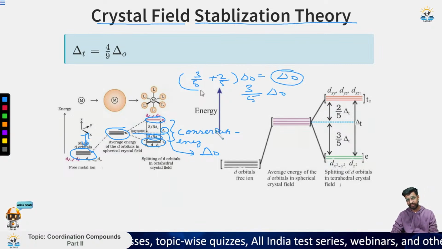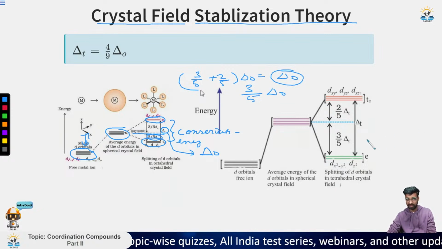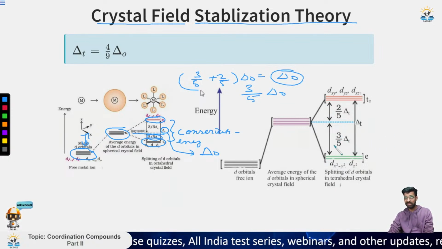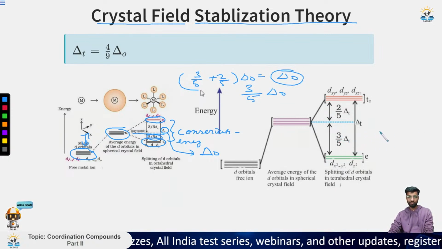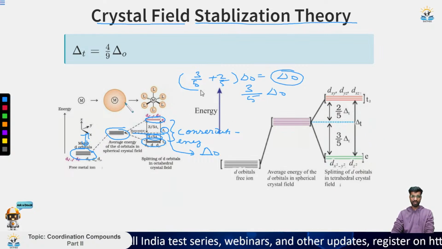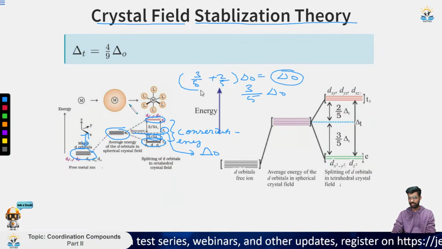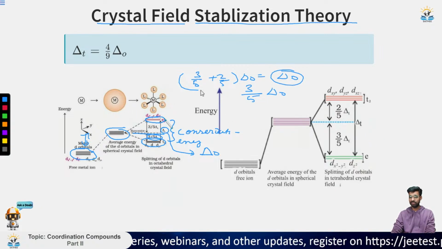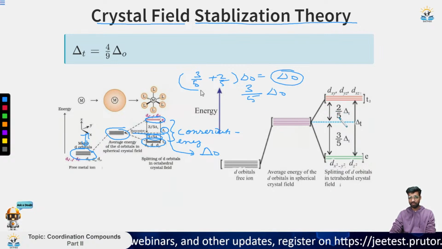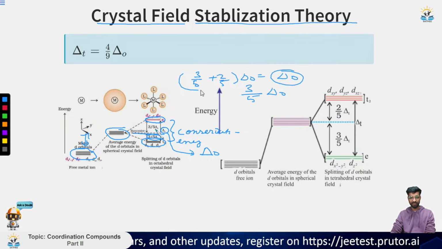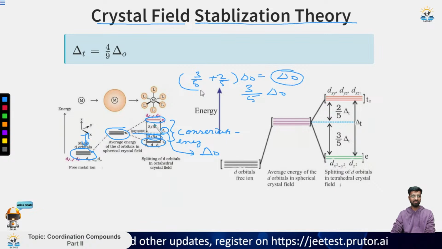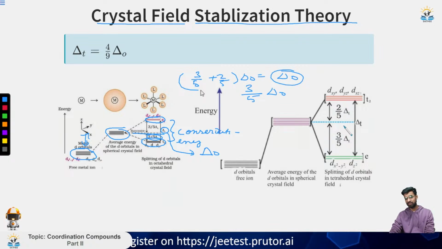Now if we consider the tetrahedral complex, the opposite case arises. We can consider it as the anomalous behavior. Since in octahedral complexes the ligands approach along the axis, the x square minus y square and z square orbitals are raised up in energy.